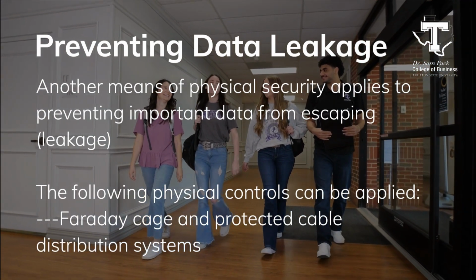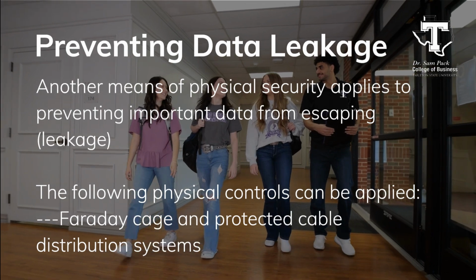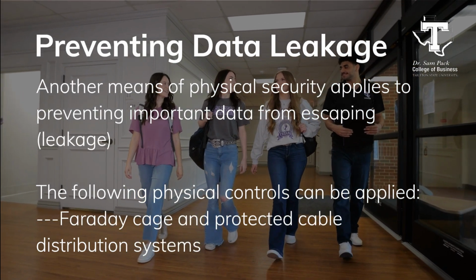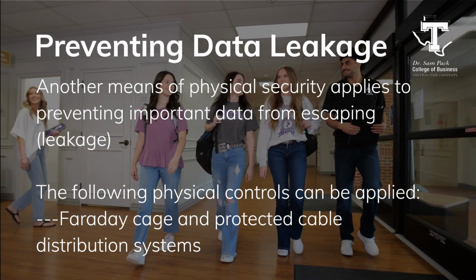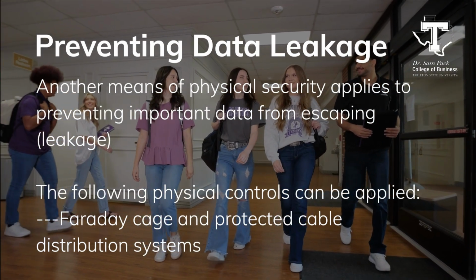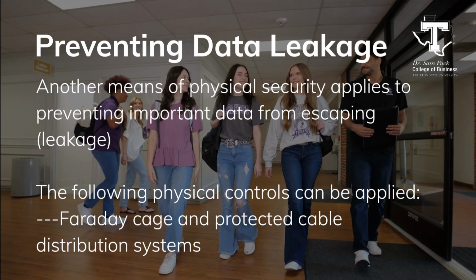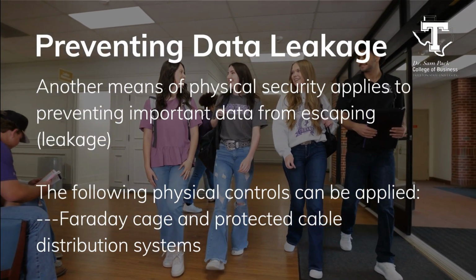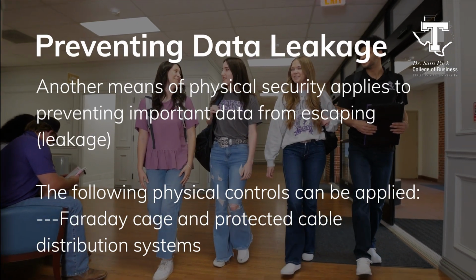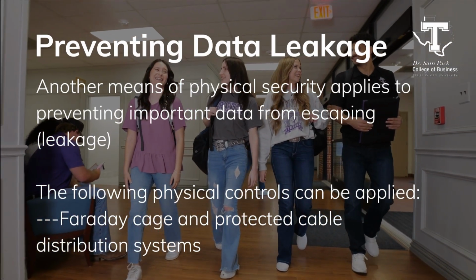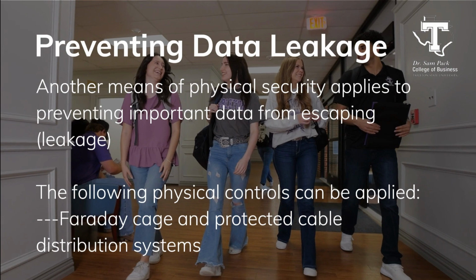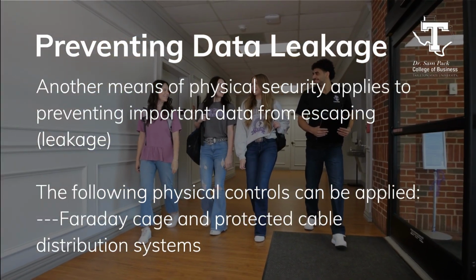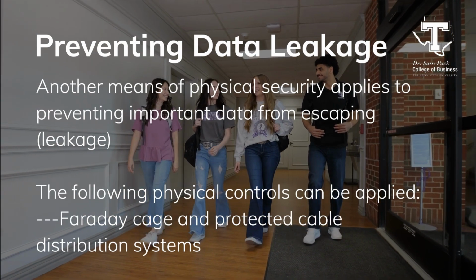This can include implementing physical barriers around cables, using locks and surveillance on cable access points, and employing alarms to detect unauthorized access. Both of these controls are crucial in environments where the risk of data leakage could have significant ramifications, such as in government facilities, financial institutions, and research labs. Implementing these measures helps ensure that critical information remains secure and is only accessible to authorized personnel.